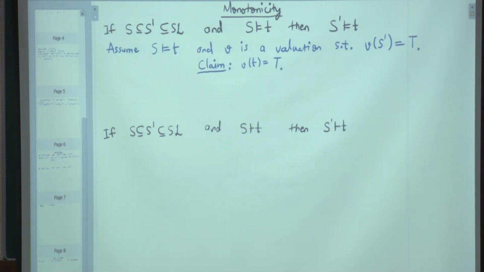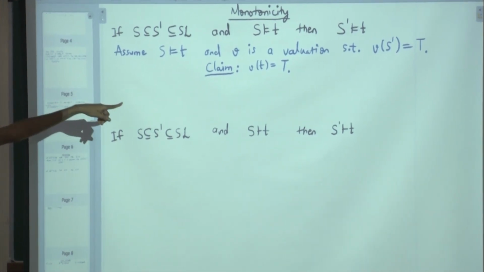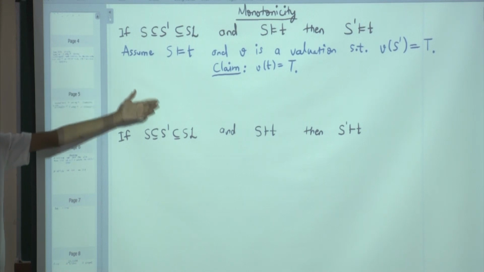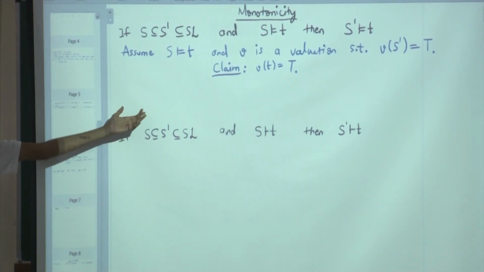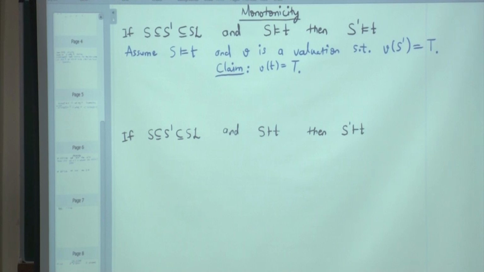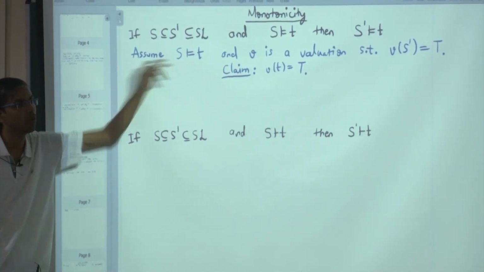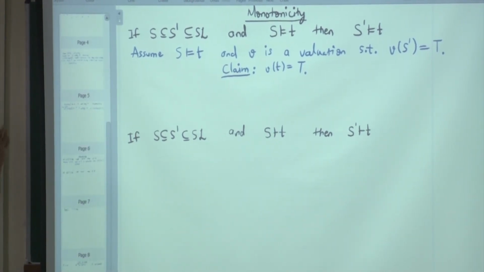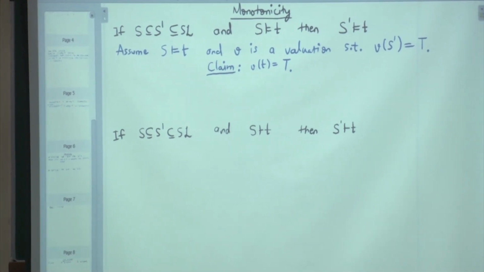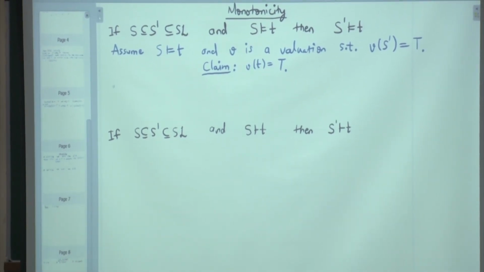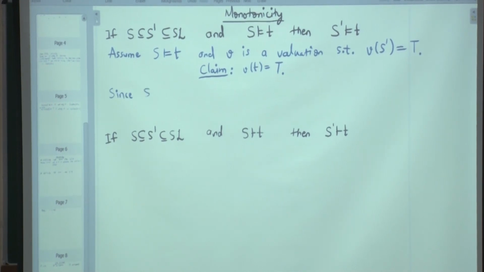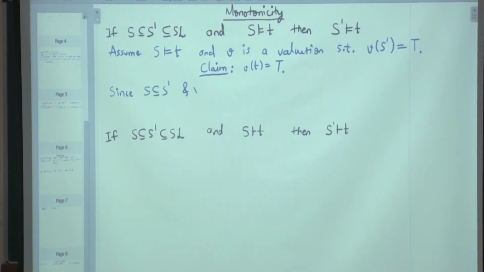And how do we prove this? Just by definition. V of capital S prime is true and S is contained in S prime. So therefore V of S is true. V of S is true, and because S models T, therefore V of T is true. Done. Since S is a subset of S prime and V of capital S prime is true, V of capital S is true.